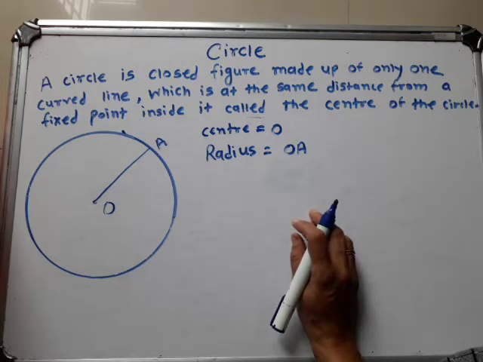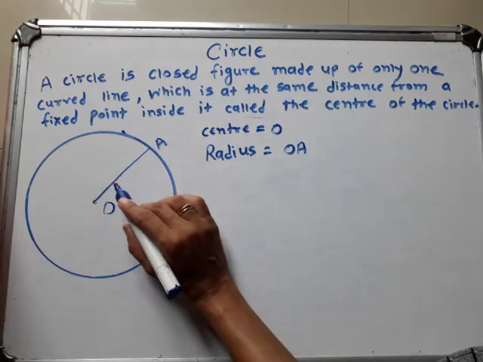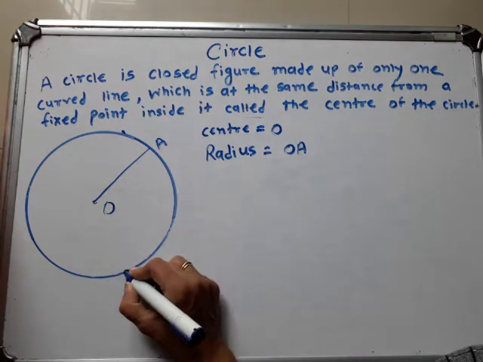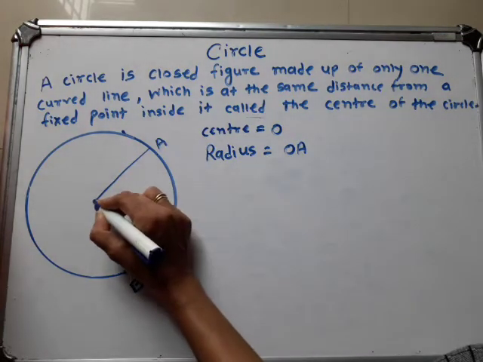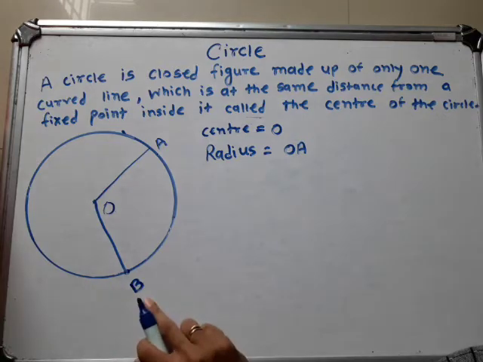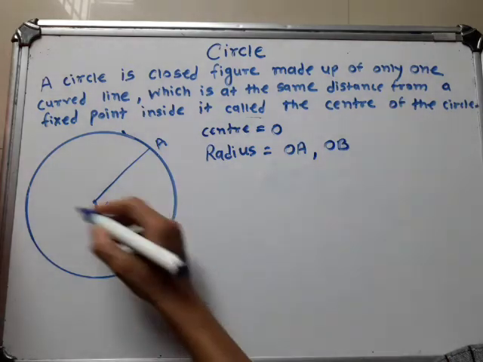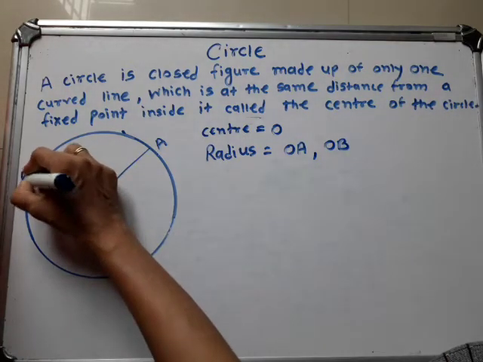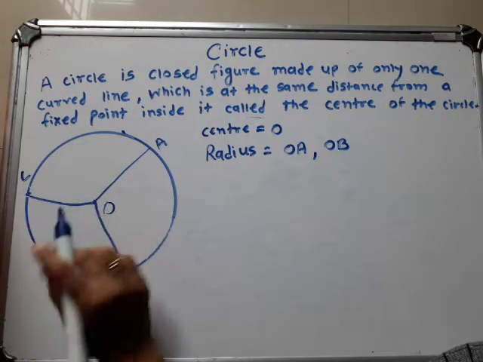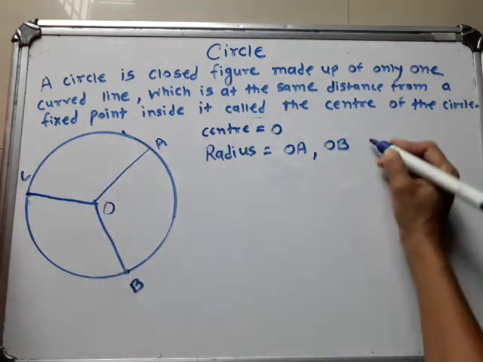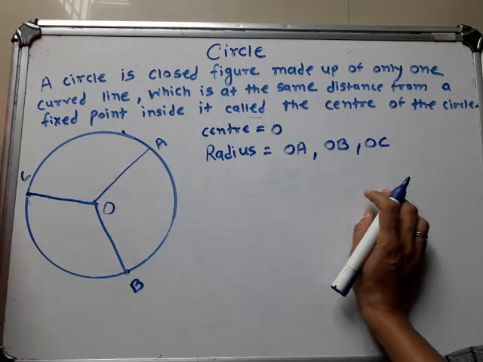Remember, a radius is a line segment that connects the center to any point on a circle. Suppose we take point B and join the center and point B, then this is radius OB. Again, suppose we take another point C and join these two points, then this is again a radius of the circle, OC. So radius is a line segment that connects the center to a point on the circle.